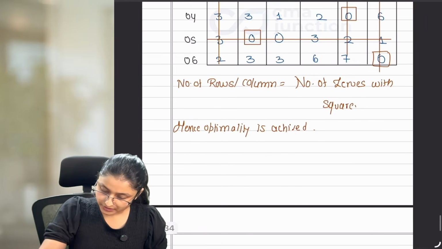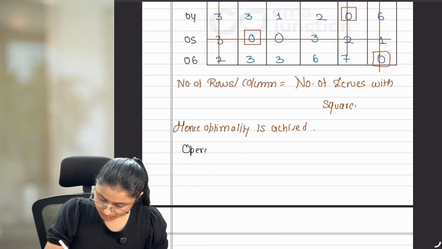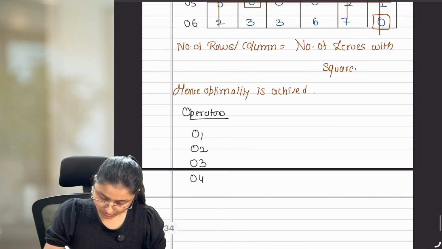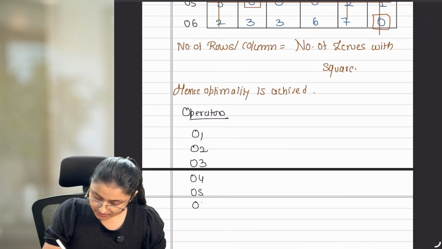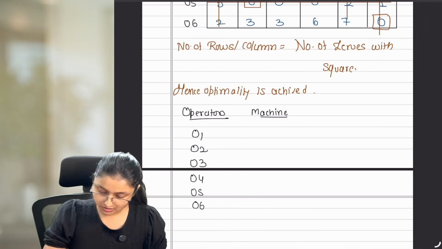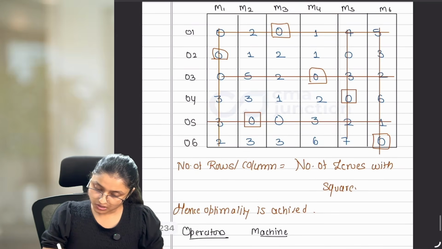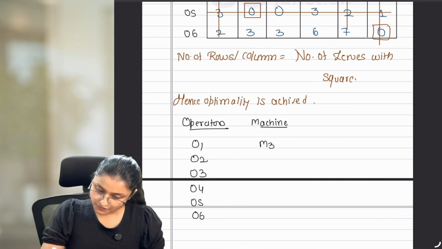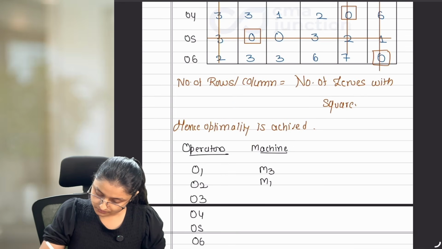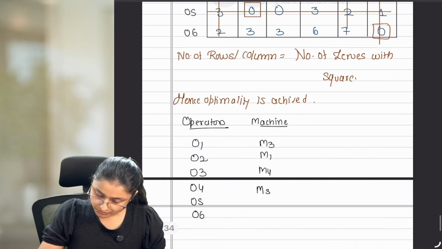So we have operators and they are 1 2 3 4 5 and 6 operators are there, and we have machines which are, for one we allotted M3, for second we allotted M1, third M4, fourth we allotted M5, then we allotted M2 and then we allotted M6.